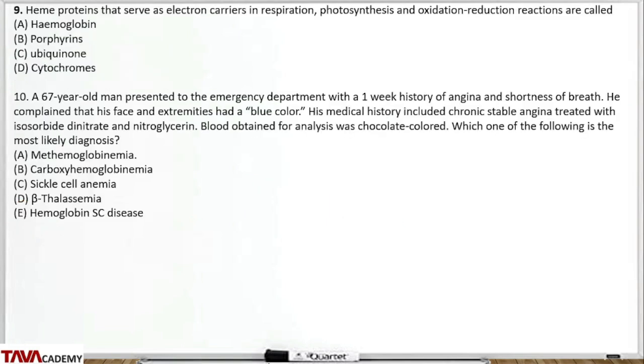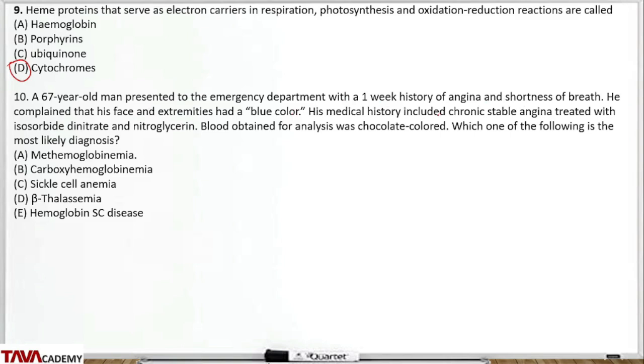Question 9. Heme proteins that serve as electron carriers in respiration, photosynthesis, and oxidation reduction reactions are called cytochromes. A 67-year-old man presented to the emergency department with a 1-week history of angina and shortness of breath. He complained that his face and extremities had a blue color.